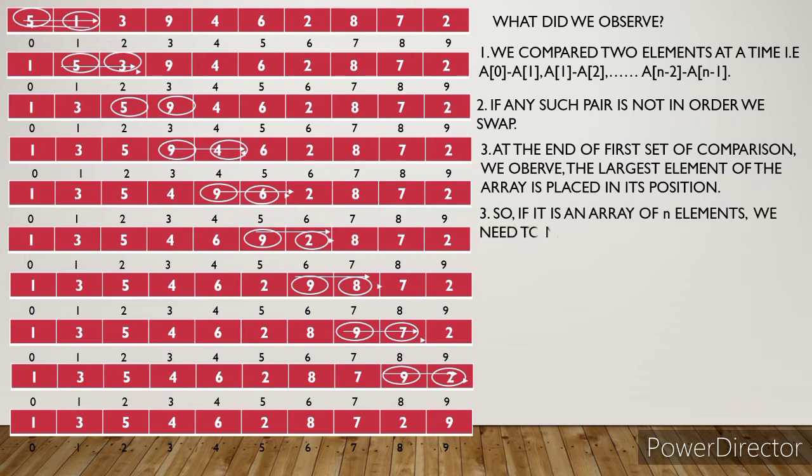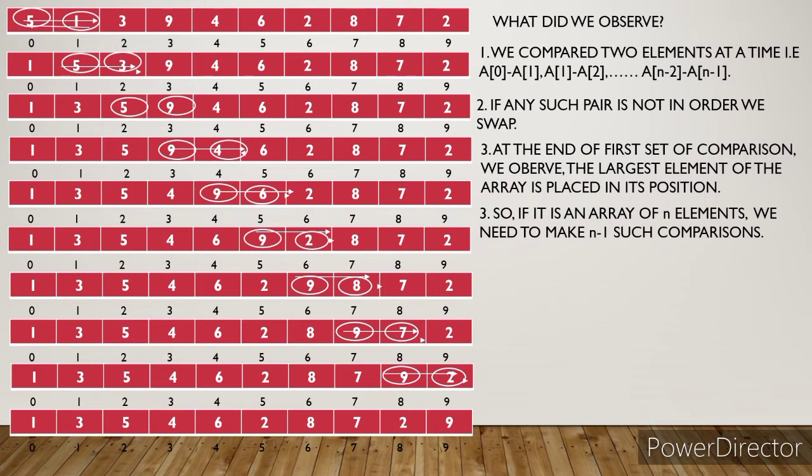So if it is an array of n elements, how many such sets of comparisons do we need to make? We need to make n minus 1 such sets. Consider an array of 10 elements. We have shifted the largest element in one set of comparisons.